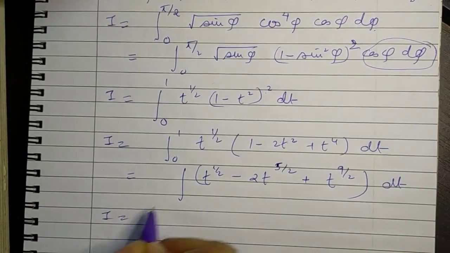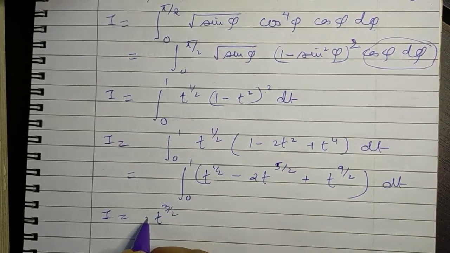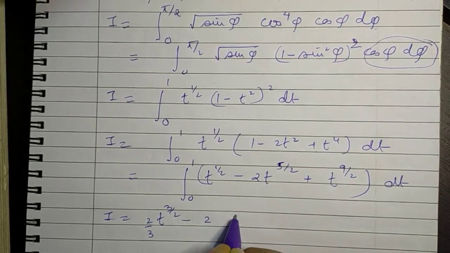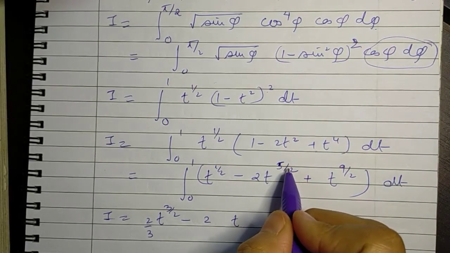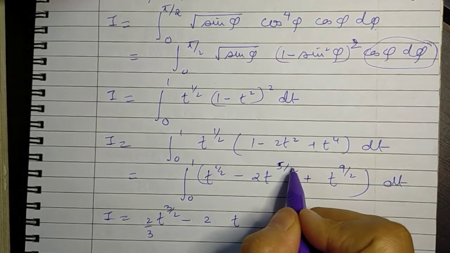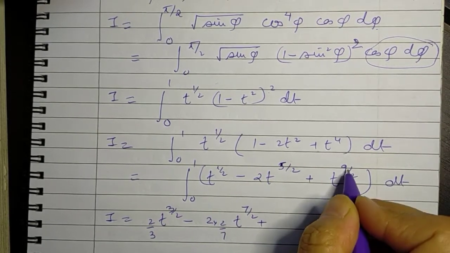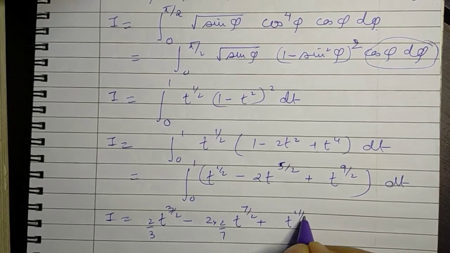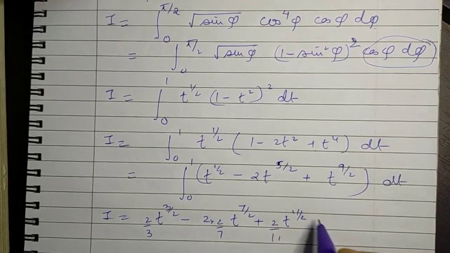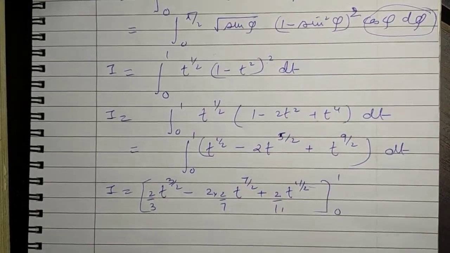Now evaluate, and this is from 0 to 1. We get t raised to 3 by 2 into 2 by 3, minus 2 t raised to 5 by 2 plus 1, which is 7 by 2, into 2 by 7, plus 9 by 2 plus 1, which is 11 by 2, into 2 by 11, and this is from t equal to 0 to 1.